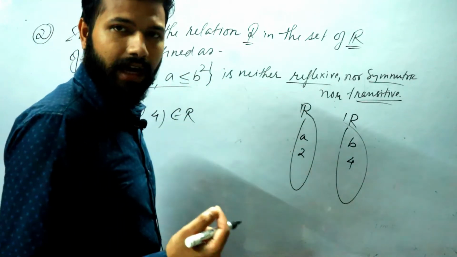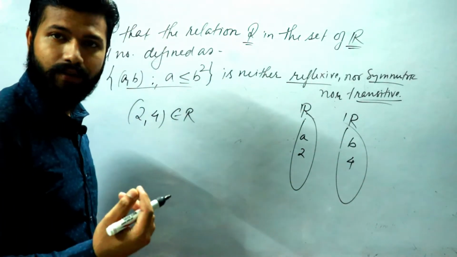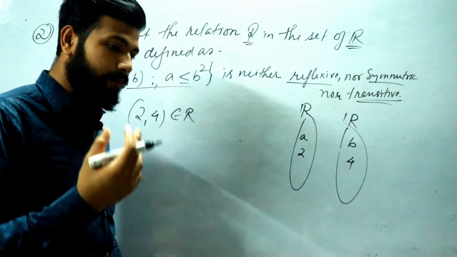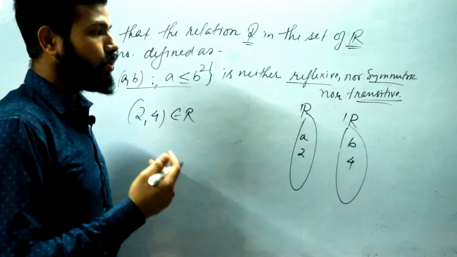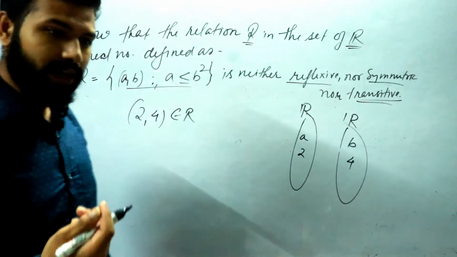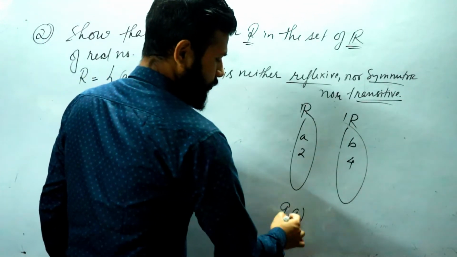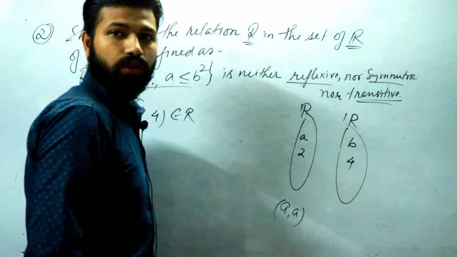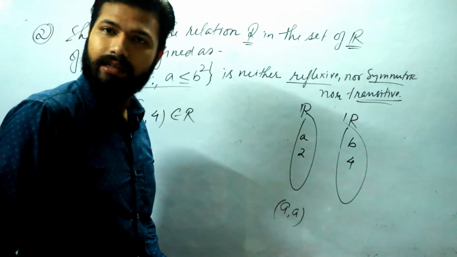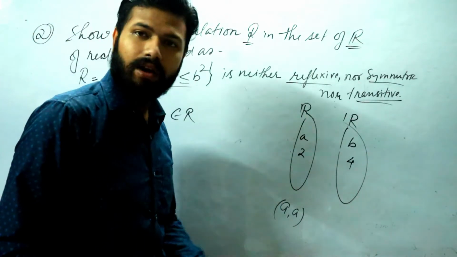So what can we do? We have to find such an example using our common sense, so that it is not reflexive. But the question arises, what is reflexive? Reflexive means that A comma A, the same thing comma the same thing, should exist in this relation; only then it is called reflexive.